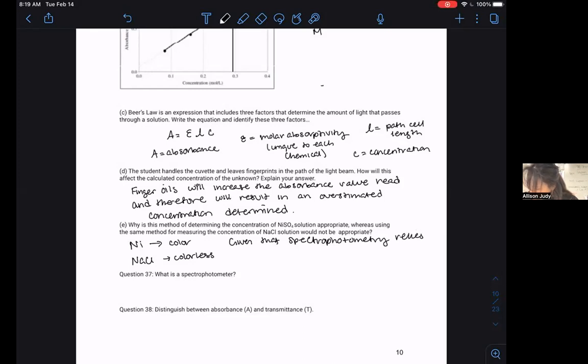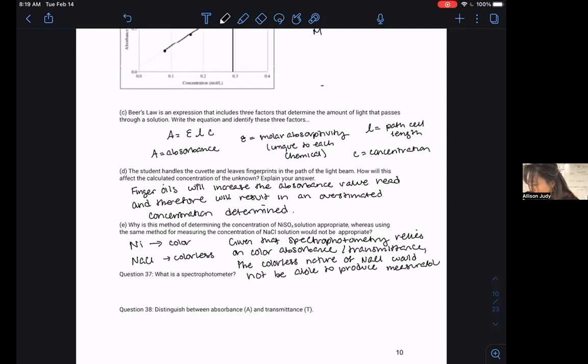Spectrophotometry relies on color absorbance and transmittance, the colorless nature of NaCl would not be able to produce measurable results.